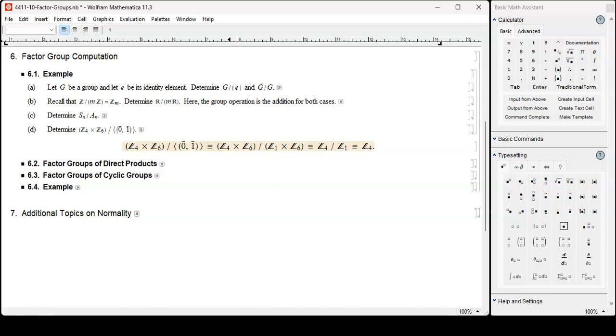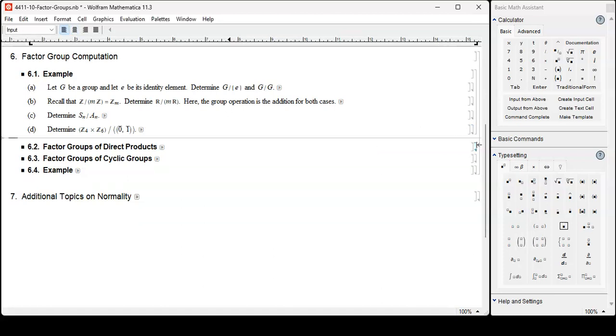Well, that's the kind of computation we want to do, and we are going to justify that a bit down here. But for now, let's just do it the hard way. Let's find an epimorphism from the domain to the target. So that's the domain, and that's the target. And then the kernel should be this one. So what kind of epimorphism can you think of? A homomorphism from blue onto purple, whose kernel is this?